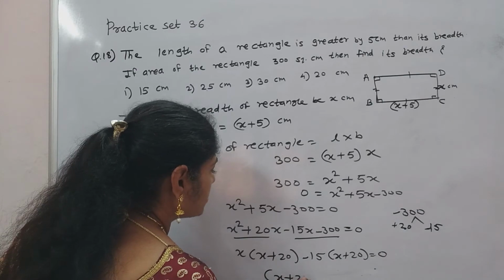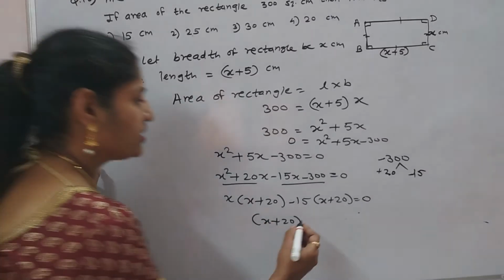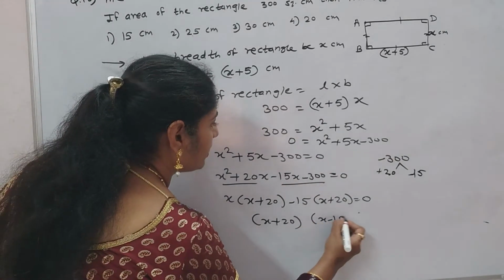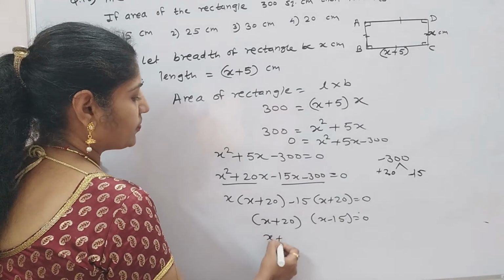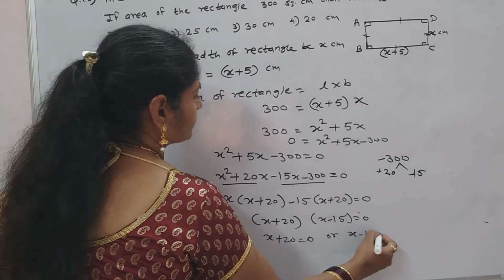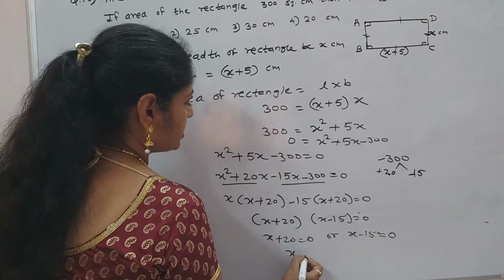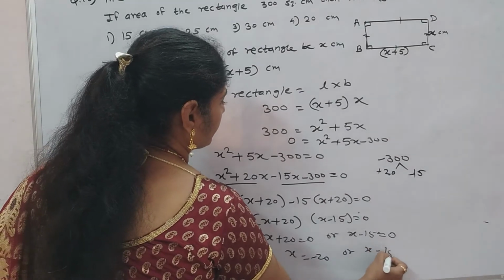First bracket is x plus 20, second is x minus 15 equal to 0. Now first bracket equal to 0 or second bracket equal to 0. So x equal to minus 20 or x equal to 15.